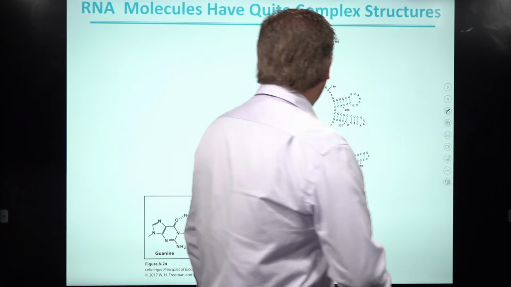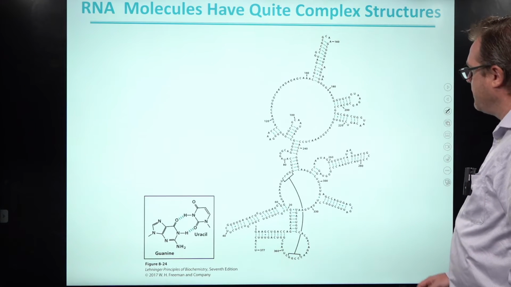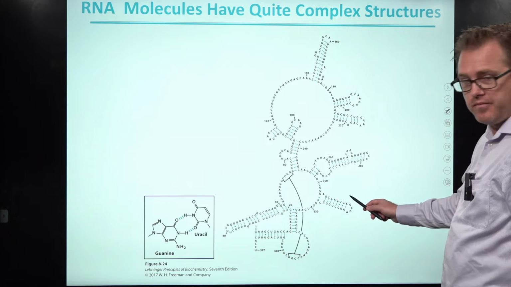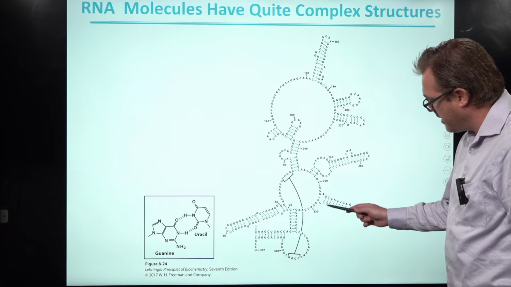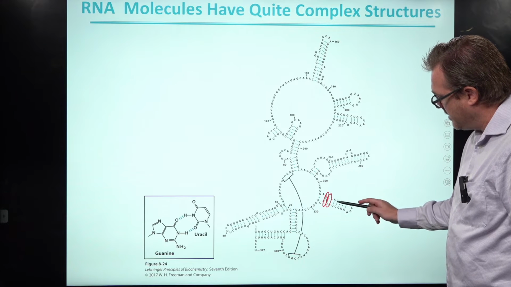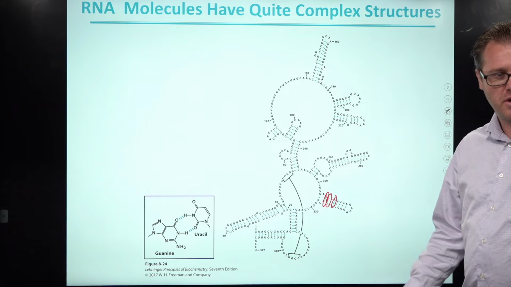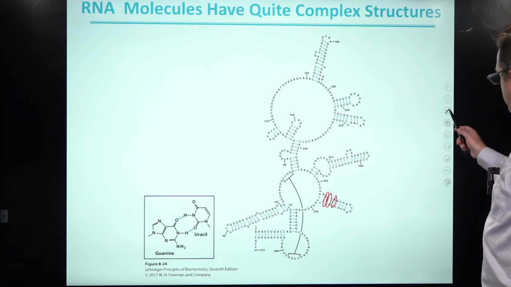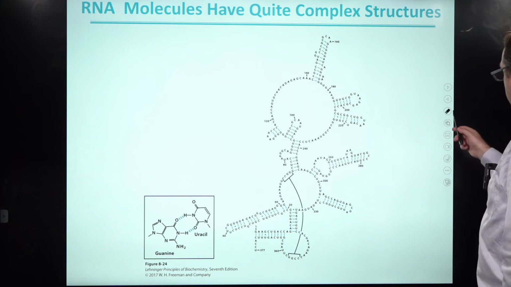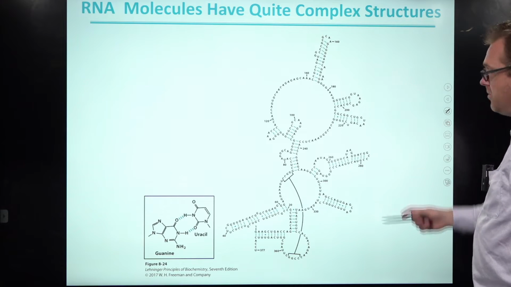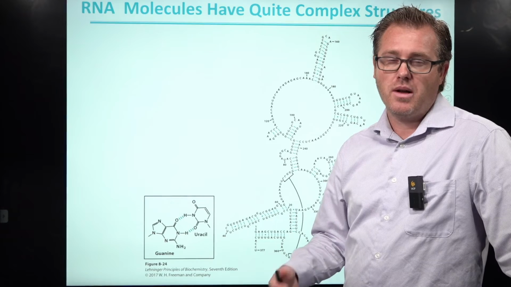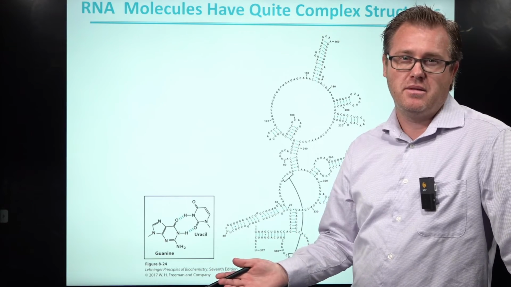Another cool feature about RNA is when you look at these hairpin loops right here, if we zoom in right there, you can see G to C, G to C, A to U, right? When you get your individual slides, you can zoom in and look at that. You'll see that they're base pairing based off of what Watson and Crick told us. Okay, so Watson and Crick base pairing.